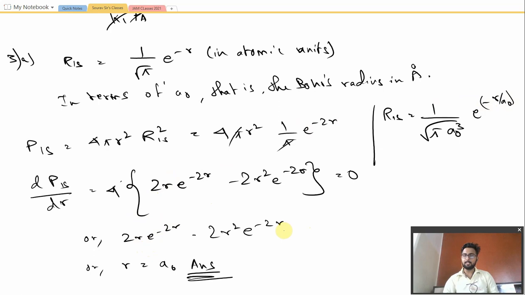I missed one step, because when we get the value of r from over here, we substitute the value from the Bohr radius formula so as to get r equal to a naught. But you may start with this equation only, put the value over here, square it and then differentiate it, so as to get r equal to a naught on the first hand only.